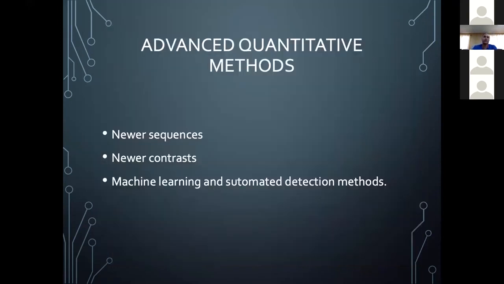Many advanced quantitative methods are coming, which include the use of newer sequences. Some of the newer sequences like MR fingerprinting I have already shown, and its value in making diagnosis in patients of epilepsy. There are some newer contrast mechanisms, for example using newer estimations from the diffusion data, which can help us diagnose these hidden entities, especially the MR negative epilepsy scans, and then methods related to machine learning and automated detection, which are all in their infancy.